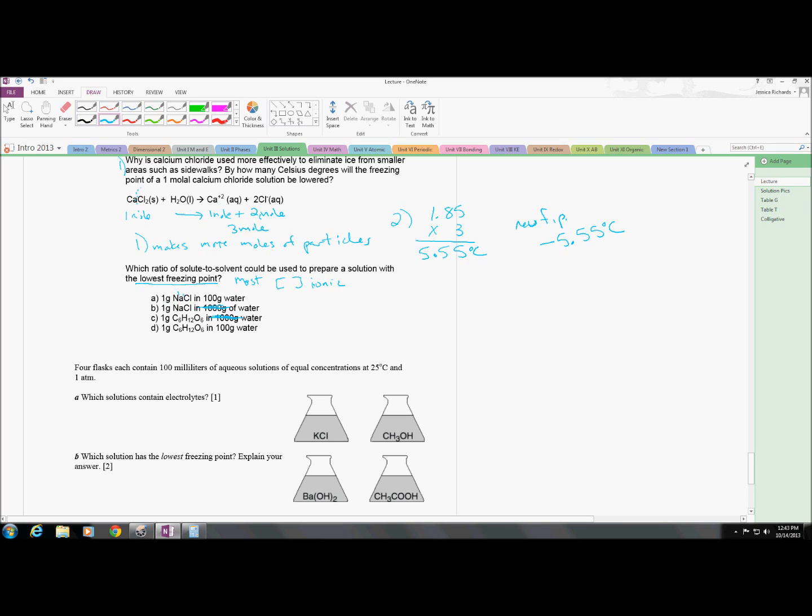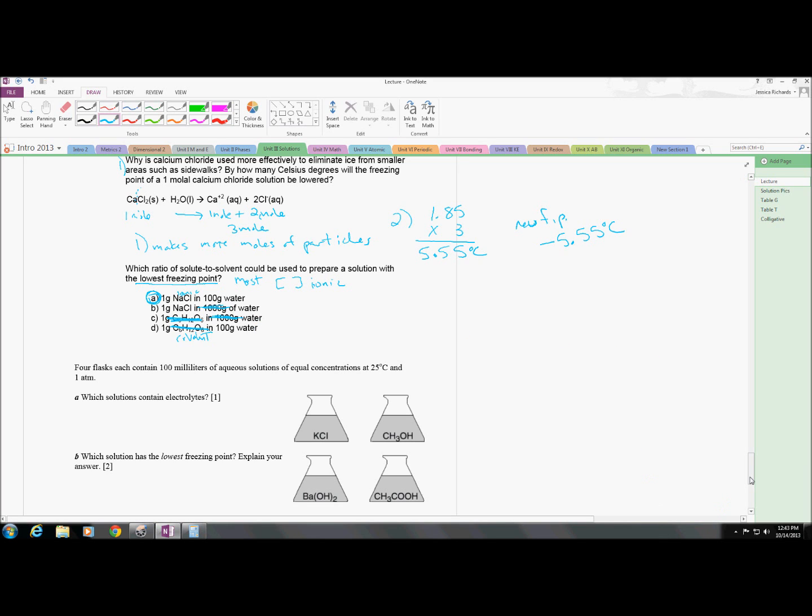Sodium chloride, ionic, is going to dissociate into 2 pieces. Glucose, covalent, is going to stay together in 1 piece. So between the two, your ionic is always more effective in lowering the freezing point. So there's your answer. Most concentrated ionic solution.